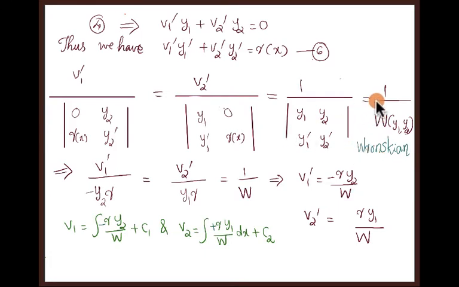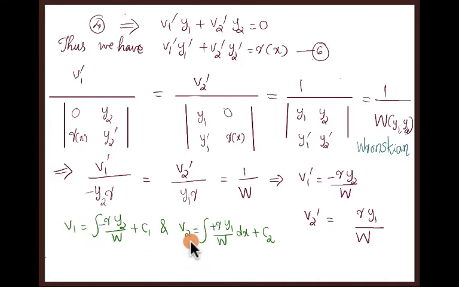So we substitute this as 1 by W. On simplifying the determinants, we have v1' divided by -y2 r is equal to v2' divided by y1 r is equal to 1 by the Wronskian W. So that v1' = -r y2 / W and v2' = r y1 / W.